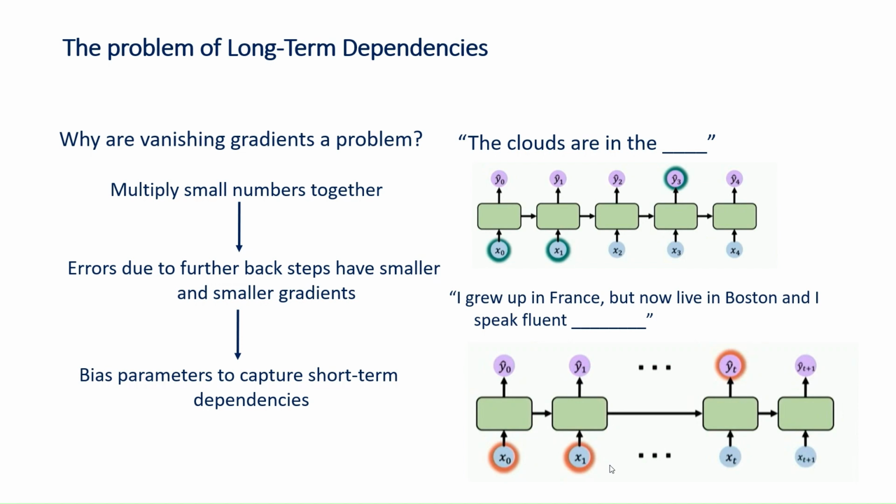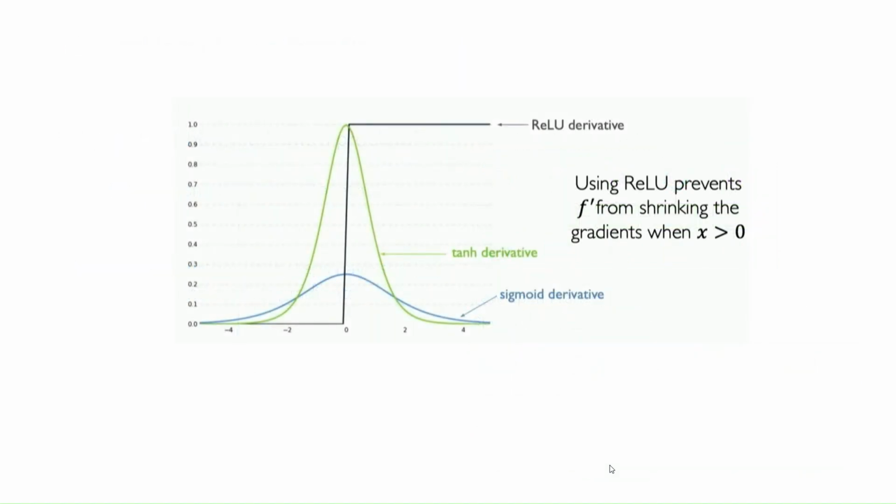As the gap between what is semantically important grows, standard recurrent neural networks become increasingly unable to connect the dots and link these relevant pieces of information together, and that's because of the vanishing gradient problem.